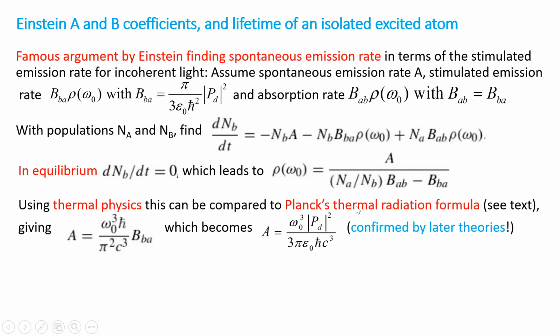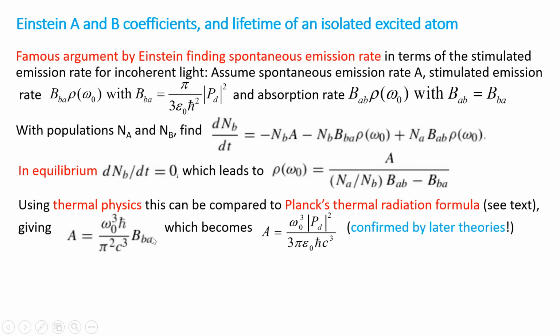After some manipulations, which you can see in the text, we get the spontaneous emission A in terms of the stimulated emission B from the upper energy state to the lower energy state, with this constant out in front: omega naught cubed h bar over pi squared c cubed.